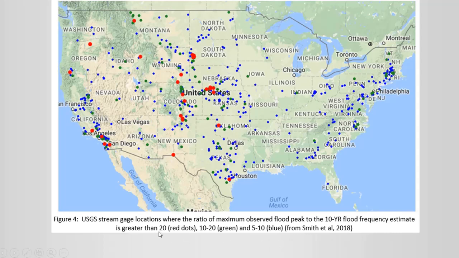So the red dots show ratios above 20, green 10 to 20 is medium, and blue is low, 5 to 10, for that ratio. What you can see is most of Colorado is blue and green when they looked at those sites. But clearly there is a regional line that goes along the Front Range foothills of the Rocky Mountains from New Mexico up through Wyoming, where we have some potential for, and have observed, some very extreme floods in terms of this upper tail ratio.